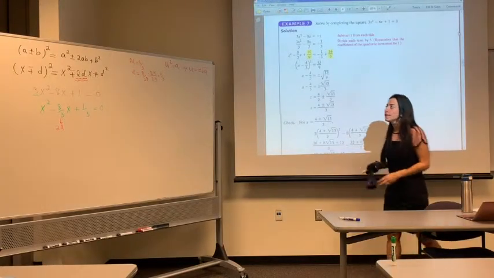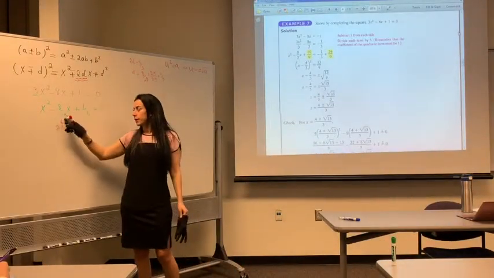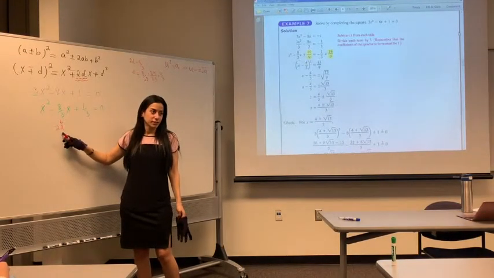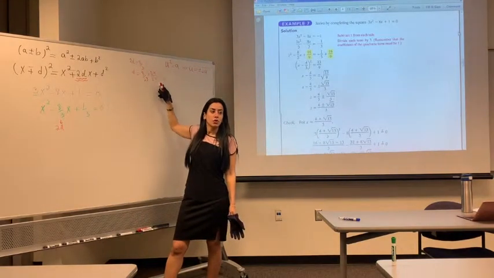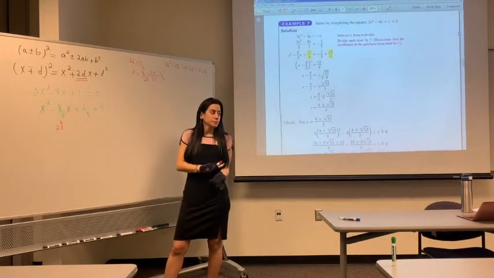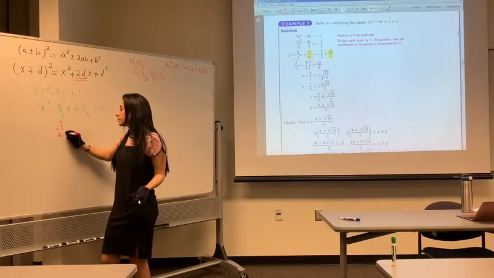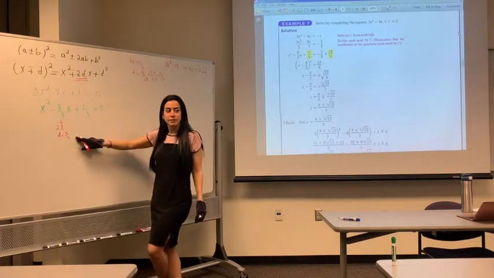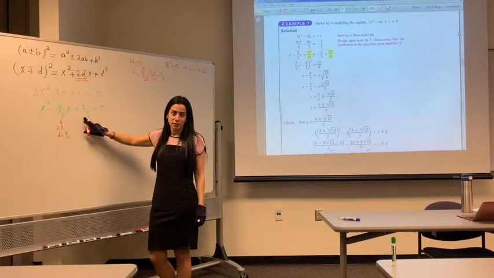So what happened here? We know the middle term here should be 2d, and we wanted to find d. Solving this, we found d to be 4 over 3, right? And then the next step was checking to see if this one is d squared.